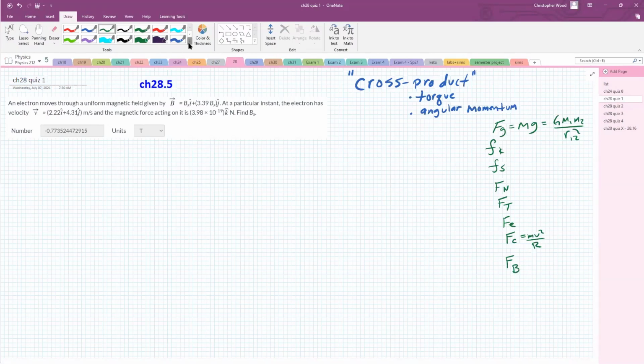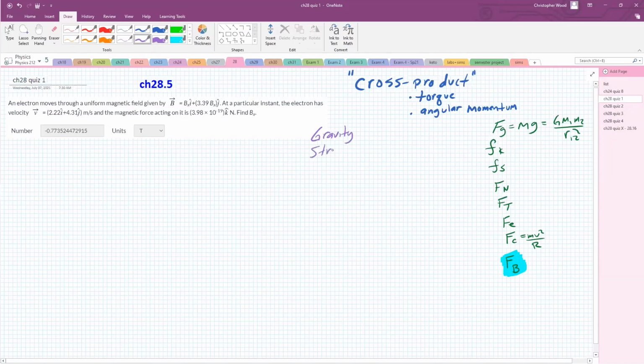The magnetic force is another force that goes onto this list of forces. The great news is Newton's second law still applies. The other asterisk you can put next to this is that in our universe, we have 4 fundamental forces. We have the gravitational force. We have the strong force, which has to do with the atom. We have the weak force, which also has to do with the atom.